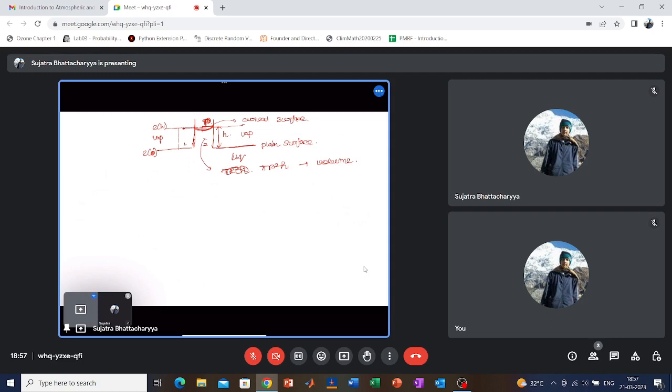In column 1 you have the mg, that is rho v into pi r square h, that is density into volume is the mass, into g, and that will be equal to rho L, if this is rho L and this is rho V, pi r square h into g, and you have minus 2 sigma pi r.